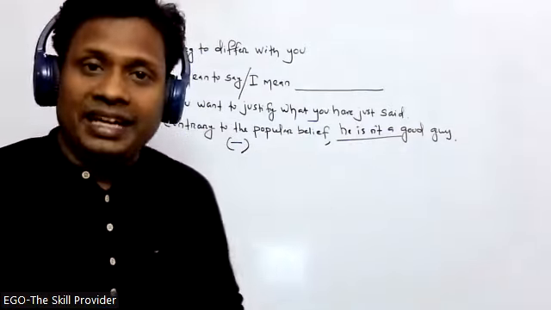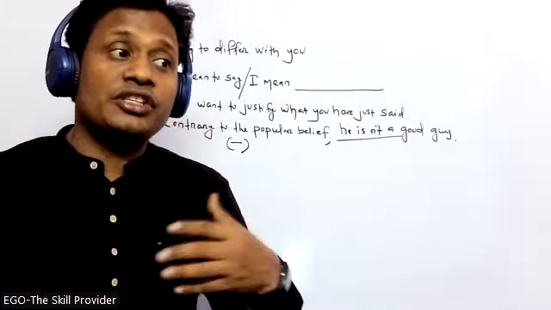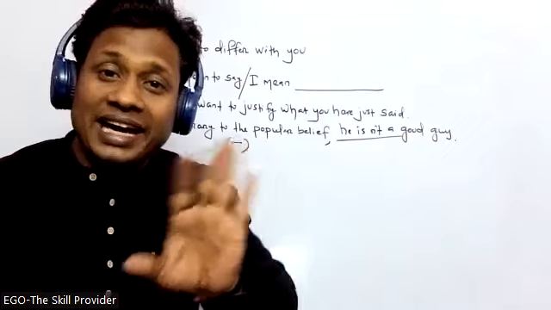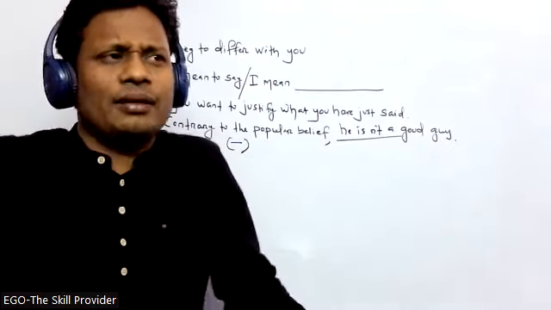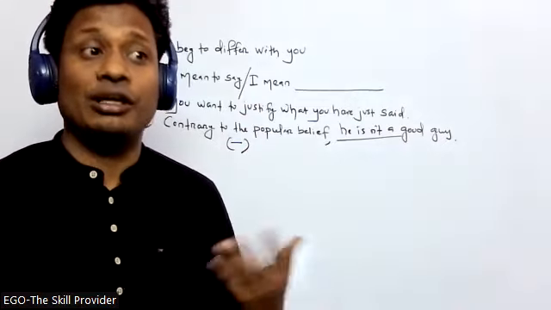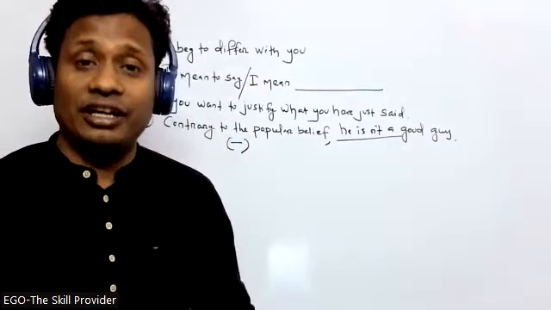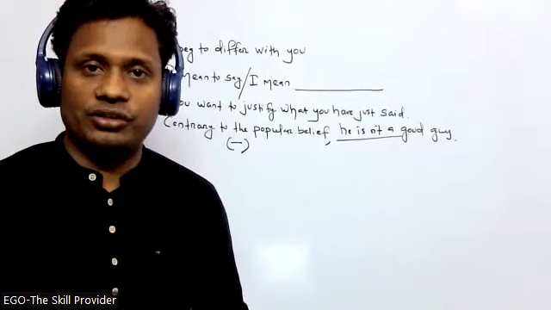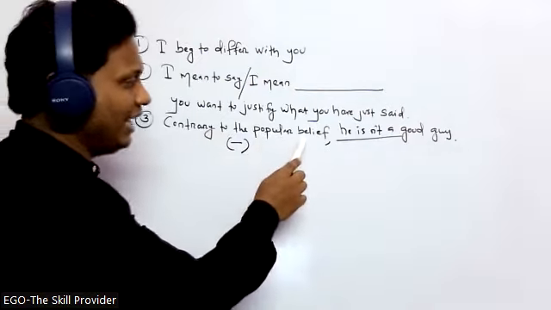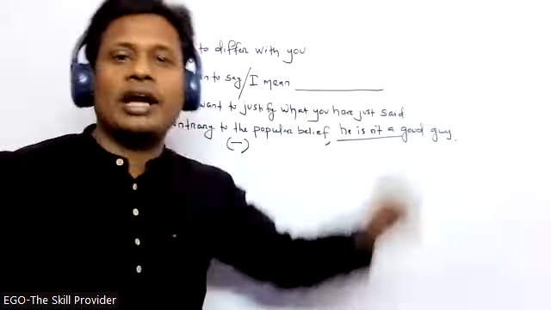Contrary to the popular belief. What is the popular belief? United States is a very industrialized nation and there is no beggar. You may think there are many beggars in India because we are a developing country, whereas the United States, the UK, Germany, France, Netherlands are very industrialized, highly developed nations, so they don't have beggars. Contrary to the popular belief, there are a lot of beggars in the United States.